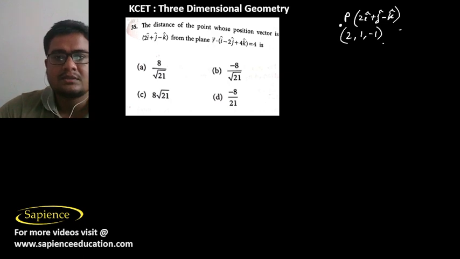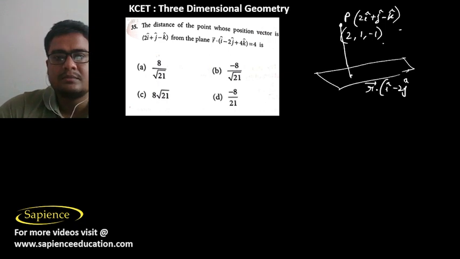We have to find its distance from the plane which is given as r vector dot i cap minus 2j cap plus 4k cap equal to 4.